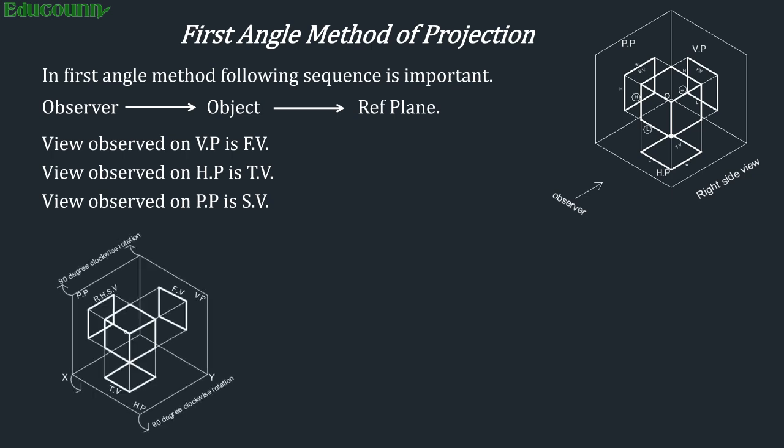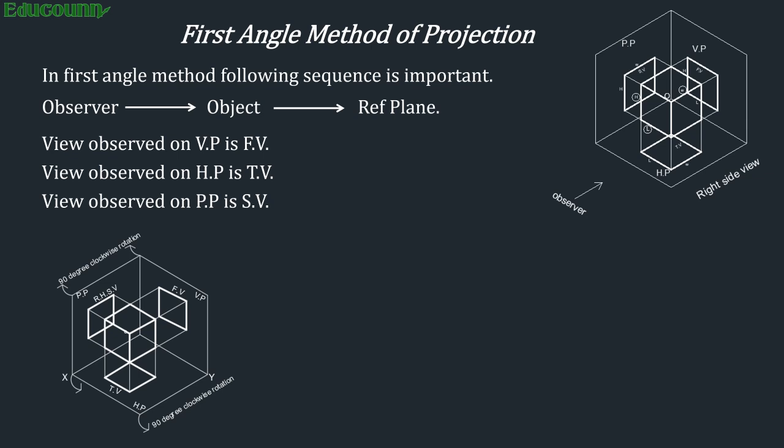Now one more important concept you have to understand here. After the views are obtained on the respective principal planes, what exactly is done is that, keeping VP as it is, you have to rotate the horizontal plane, HP, and the profile plane, PP, by 90 degrees clockwise.